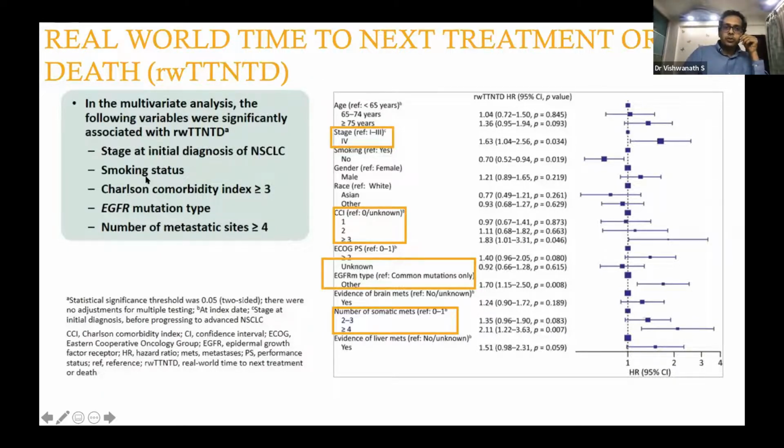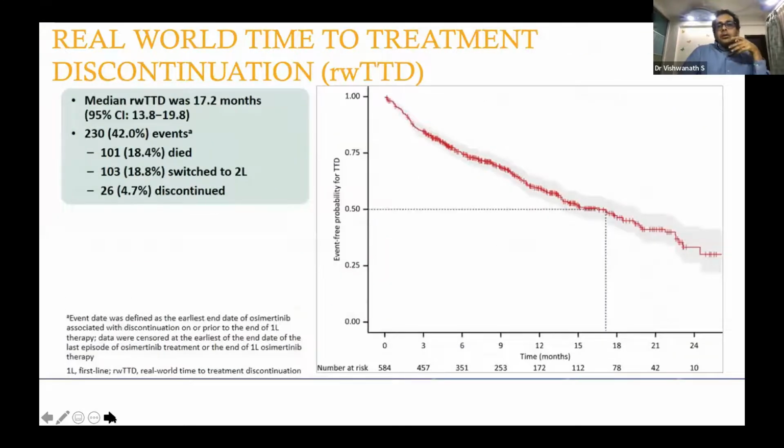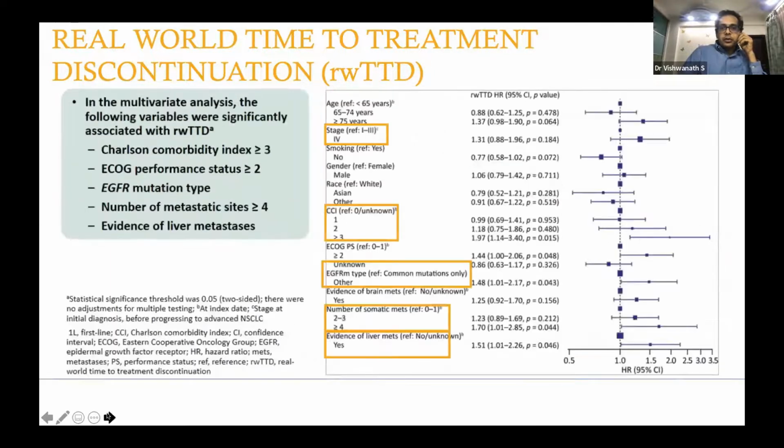That is the stage, of course, smoking status, comorbidity index, EGFR mutation type, and also the number of metastases of at least 4 or more. A similar thing was seen with real-world time to treatment discontinuation, with a similar median of 17.2 months. Again, similar variables could predict that these patients could do badly.